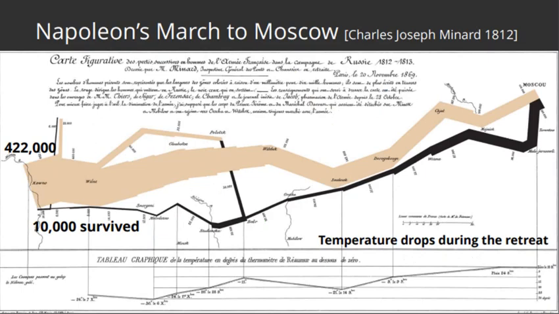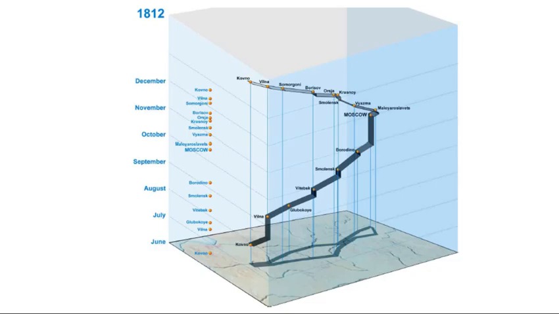Okay, let's go back to Napoleon's march to Moscow. Remember this plot? It was remade in this really clever 3D version. On the bottom, we've got the terrain, we've got the map, and you can see kind of geographically the space they covered. You could even have a scale bar down here. We've got where they began, Moscow, and then the retreat.